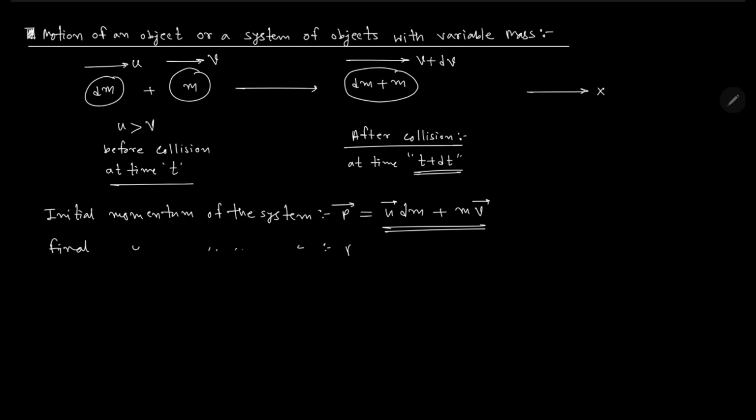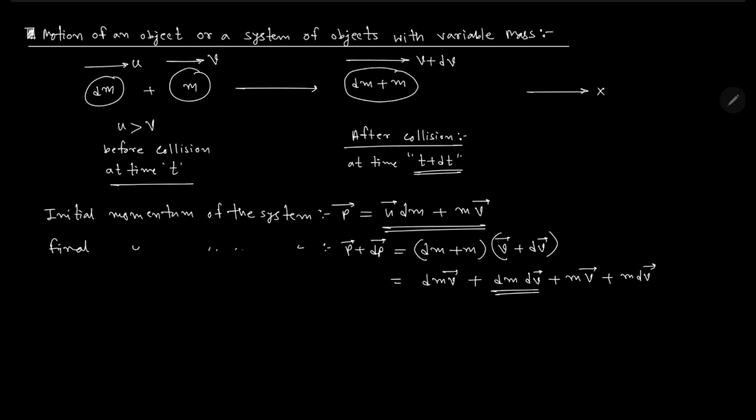So this is the system's initial momentum, and the final momentum of the system is p plus dp vector, that is dm plus m times v vector plus dv vector. That will be dm v vector plus dm dv vector plus m v vector plus m dv vector.